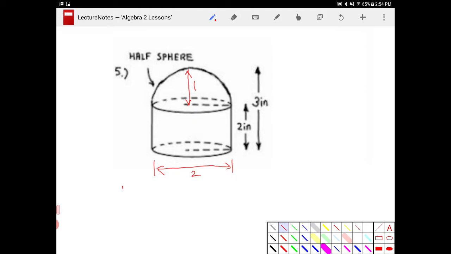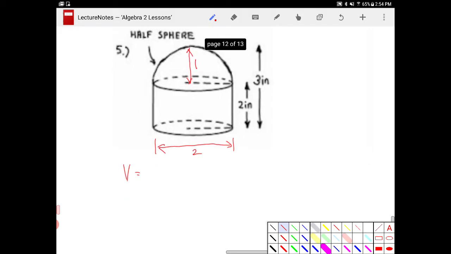So the volume of this is going to be the volume of the hemisphere plus the volume of the cylinder. So the volume of the hemisphere is going to be half of 4/3, or in other words, it's 2/3 pi times radius, which is 1, to the third, plus the volume of the cylinder, so it's going to be pi times 1 squared times the height, which is 2.